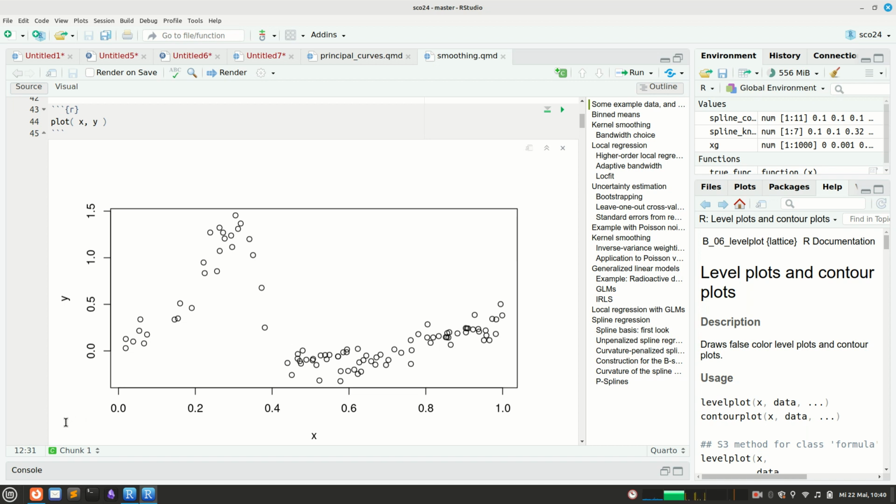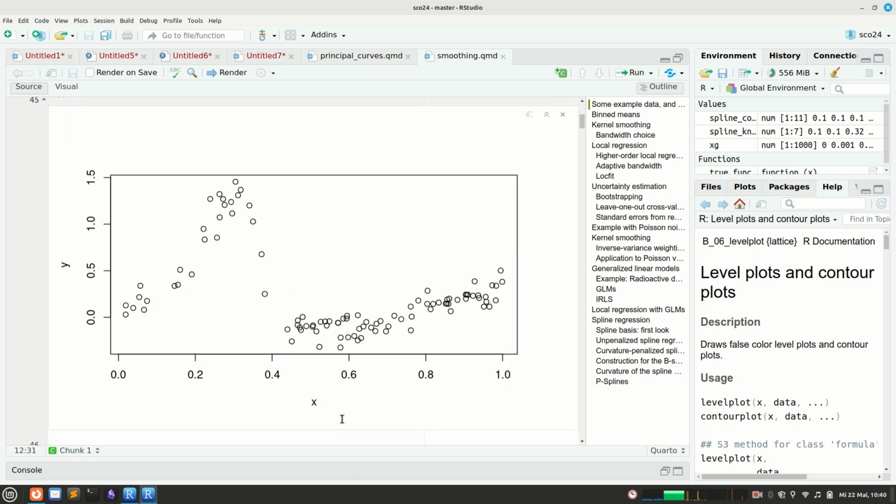And quite often, if you argue about such kinds of things, it turns out to be very useful to have a data generation model in mind. So in practice, we will be presented with such a data cloud in some application and told to find a smooth curve through this.